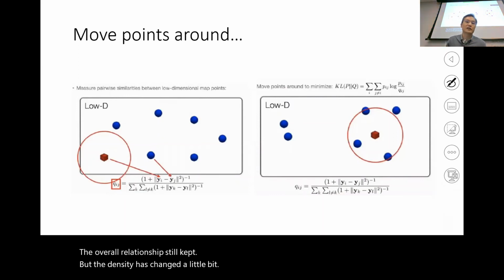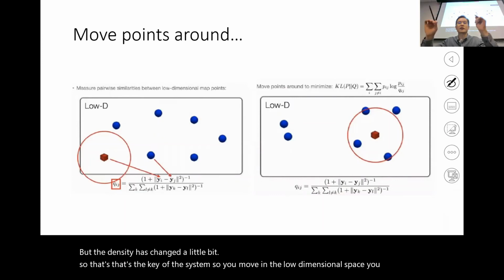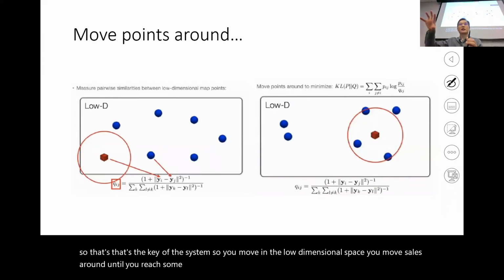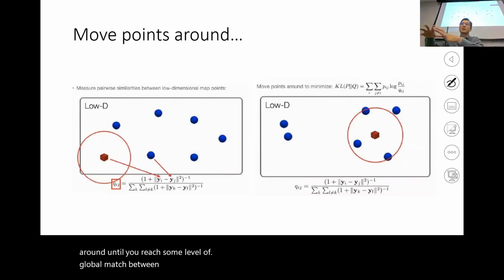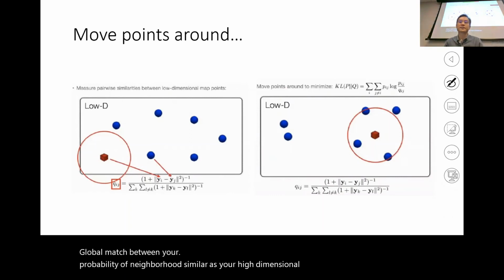Okay, so that's the key of t-SNE. You move cells around in the low dimensional space until you reach some level of global match between your probability of neighborhood and your high dimensional probability, then you stop.